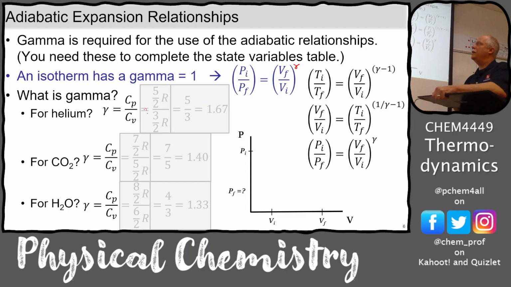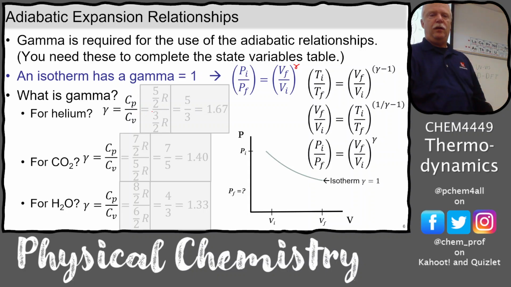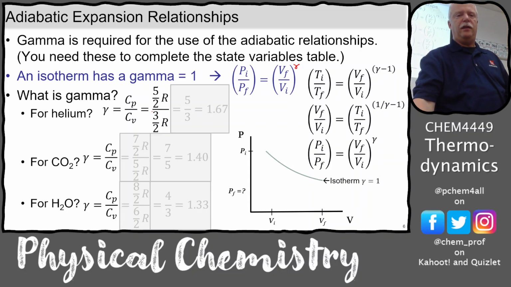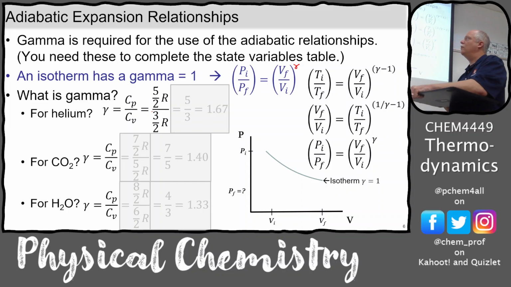What about for helium? So for helium, we have this ratio of Cp over Cv. We can look at that and see that it's 5 halves R over 3 halves R. So where do 5 halves come from? Well, we know that Cv is 3 halves, and we add another 2 halves because we're adding another unit of R for Cp.